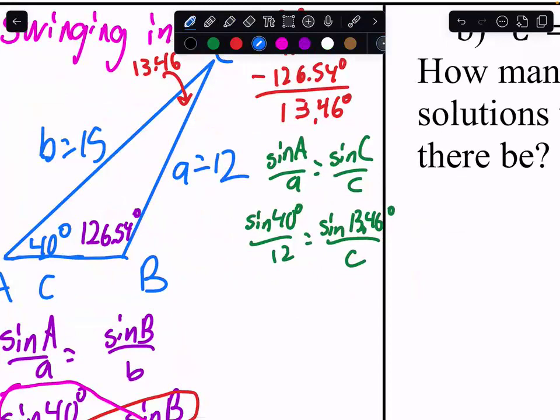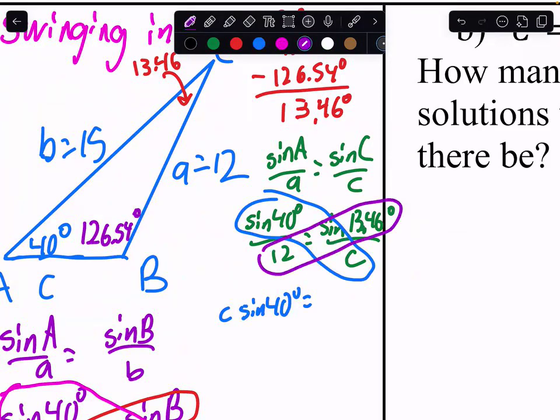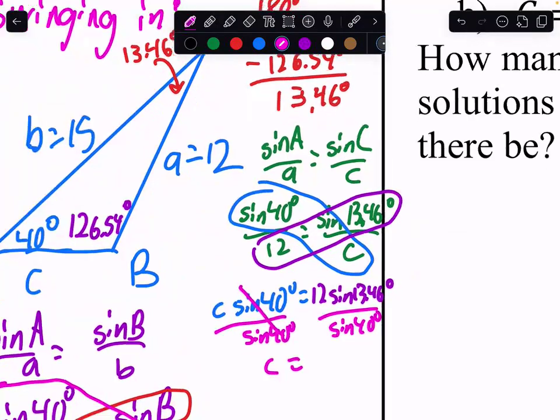Okay, cross multiply. Divide both sides by sine 40 degrees. Okay, so 12 sine 13.46 degrees, close parentheses, divided by sine of 40 degrees. Okay, c comes out to 4.35.